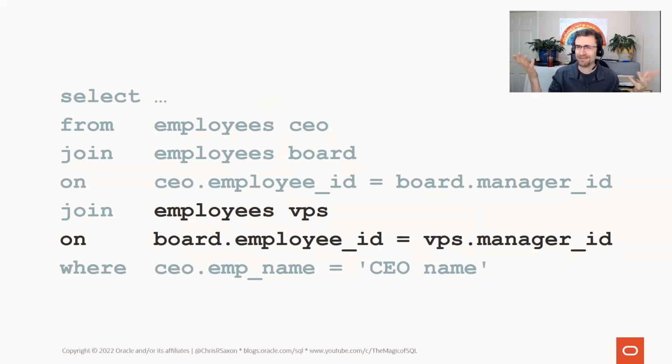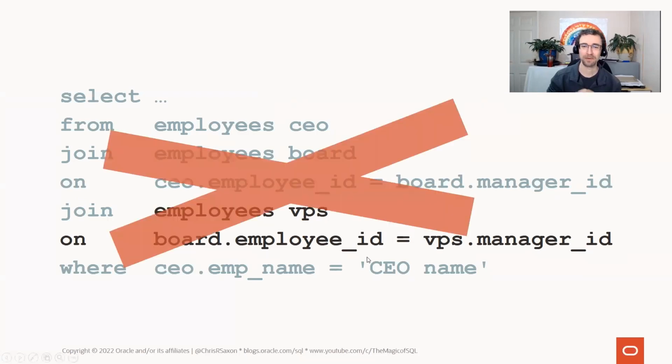We can do this. Well, yes, but you absolutely should not do this, right? This is absolutely the wrong way to approach it. And there's actually quite a lot of reasons why you shouldn't do this. First up, you'll notice that we've listed the employees table 3 times here.